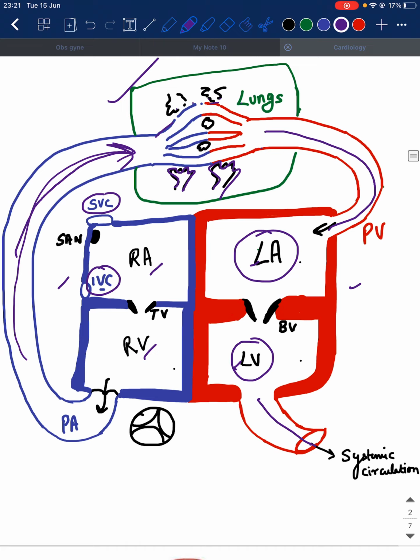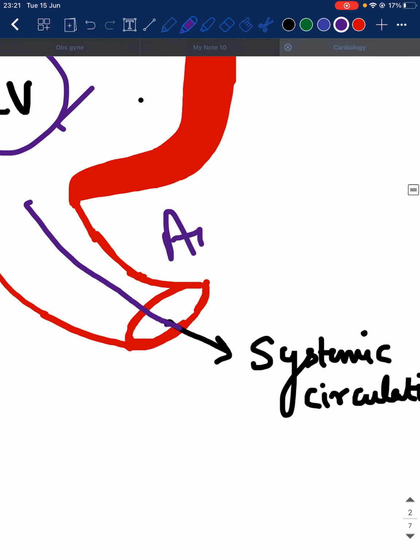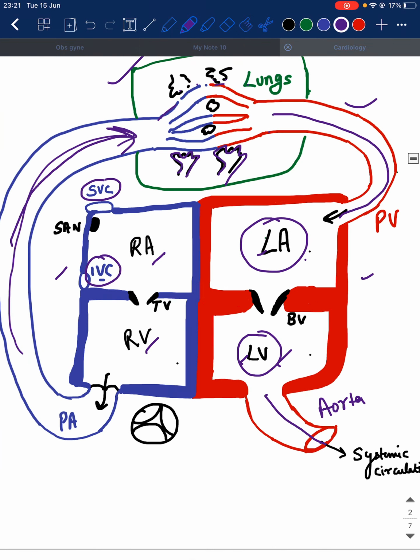So from SVC and IVC the blood goes into the right atrium, to the right ventricle, then to the pulmonary artery, then pulmonary circulation, then pulmonary vein, left atrium and left ventricle, then from the aorta, this is the aorta, it goes into the systemic circulation.